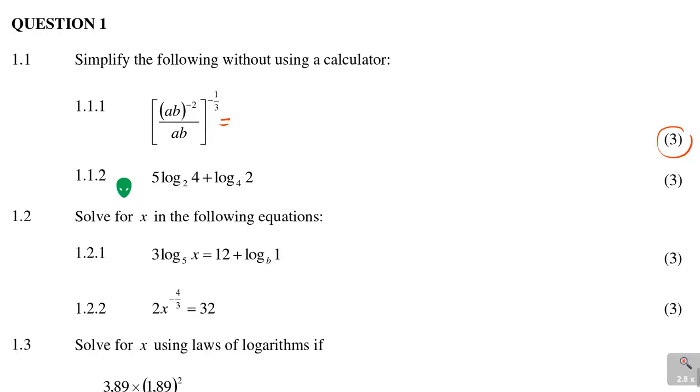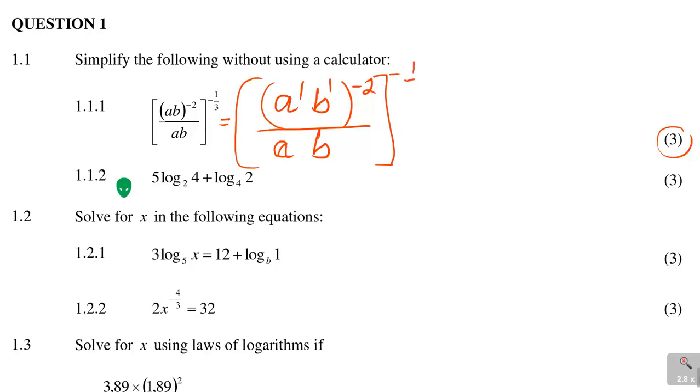You have got (ab to the power -2 over ab), and everything is to the power -1 over 3. So these are exponents, and how do you go about solving this? If I'm given ab, in this case it is a to the power 1, b to the power 1, and then I've got -2 over ab, and this is to the power -1 over 3.